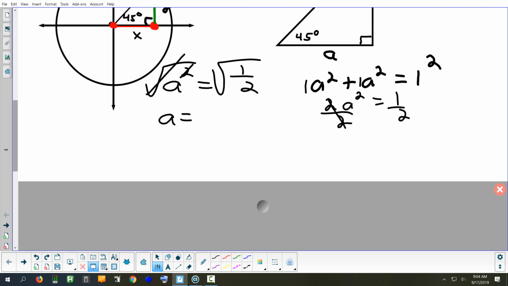Yeah. You can square it. Well, we don't want to square it, because if we square it, we're going to go right back to where we started. So we took the square root to get rid of the square, so we want to keep that. But how do we square root that fraction?